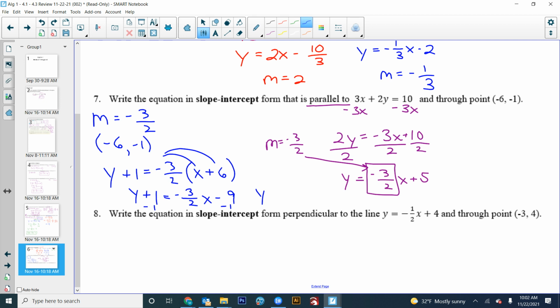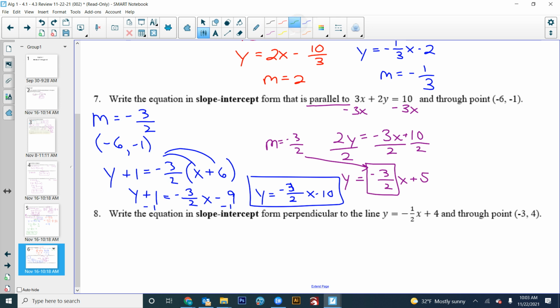So y equals negative 3/2 x minus 10 after you subtract that 1 to solve for y. So that would be parallel to that purple line, and ours goes through the point -6, -1. That's tricky. I would practice that process quite a bit.